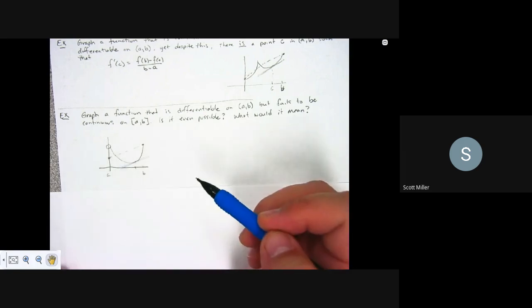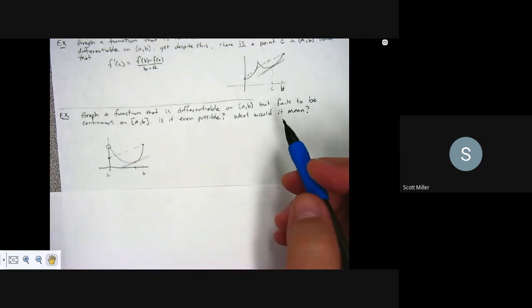But over here, I can put a dot. So that's my secant slope right there. Can I find a point where the tangent line would be parallel to that? That's somewhere right about there. So it's discontinuous at an endpoint, but yet I could still find one. So it is possible for that to occur.